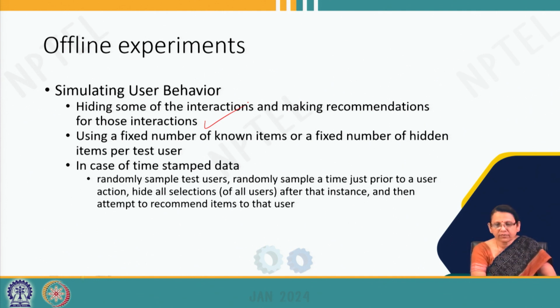Now, in case of time stamped data, while selecting these samples, if you are selecting for period 2, then you should make sure that you are using period 1 data. So, prior data you should be using to predict the future ratings.